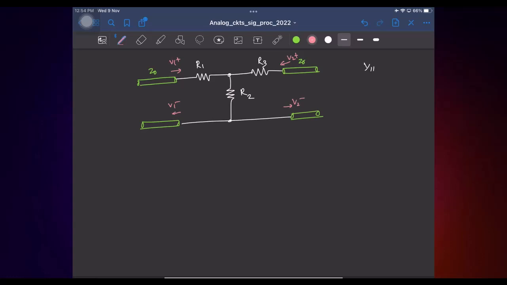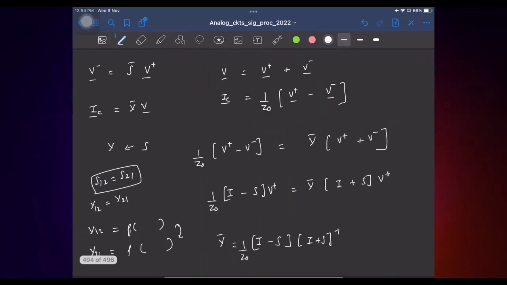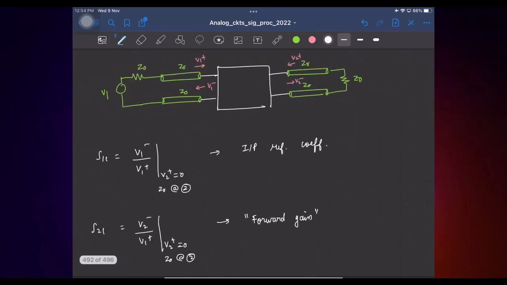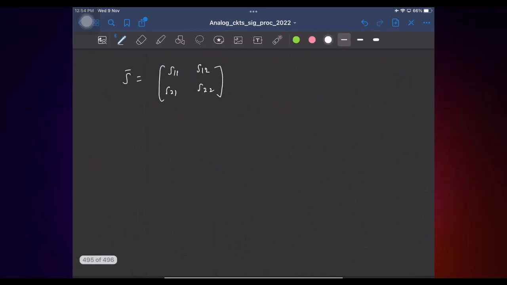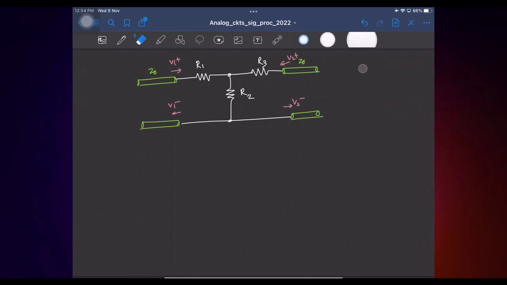What is Y11? What is the ratio? Okay, let's look at it. Sorry, not Y11, S11. S11 is basically the input reflection coefficient. It just says the fraction of the forward wave that gets reflected when you have put Z0 at the second port.